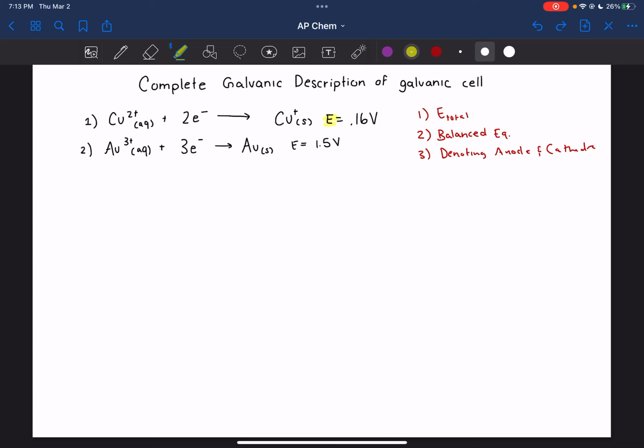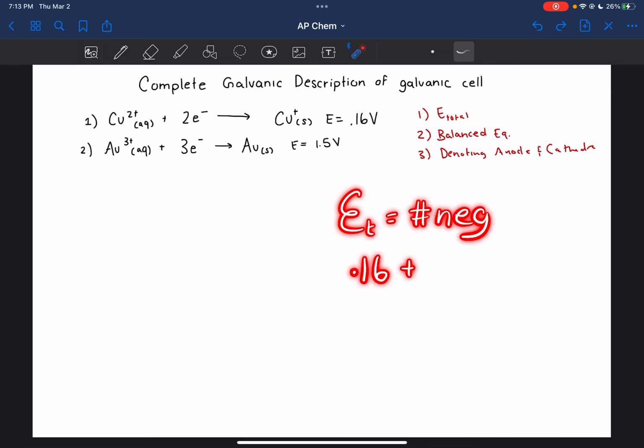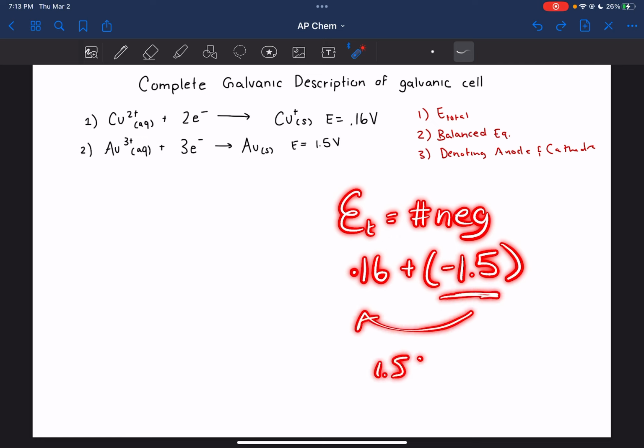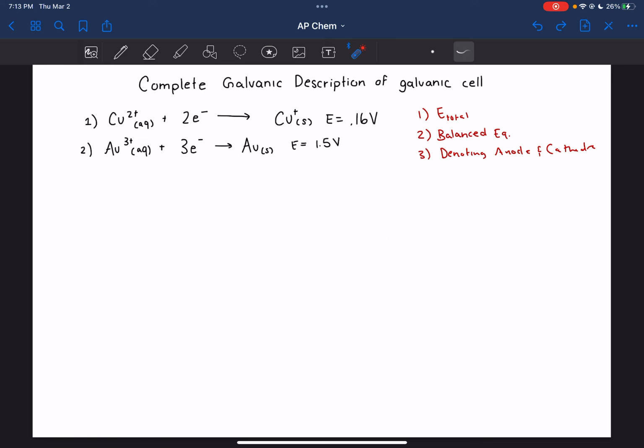And I notice off the bat that if I were to flip this, my E total, my standard one, would be a negative number, because it would be 1.16 plus negative 1.5, and you can see this 1.5 is greater than 0.16, which means that it would not be thermodynamically favorable, not occur typically. So that means that this is going to be the one that's flipped.